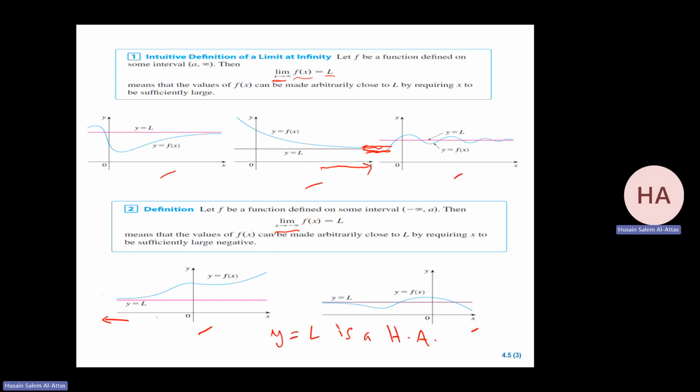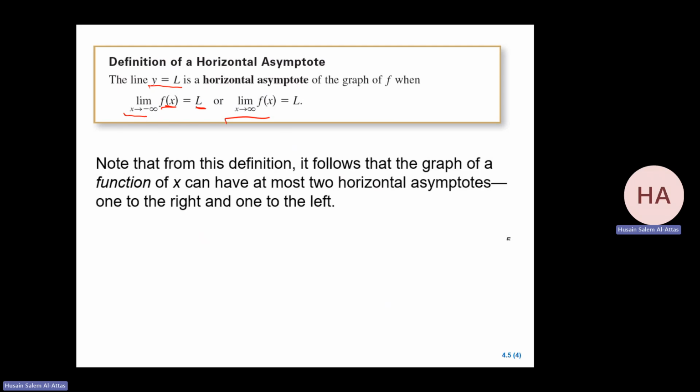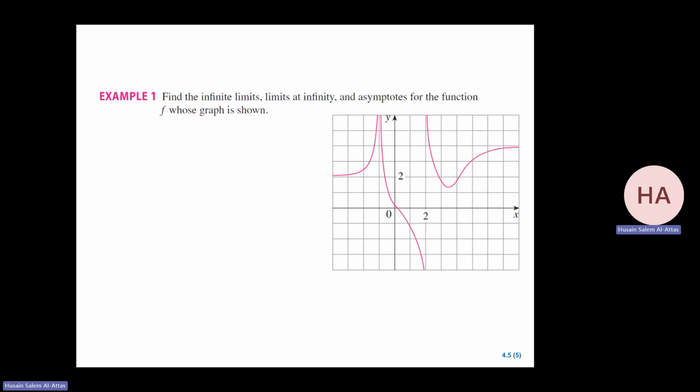Either x goes to minus infinity or x goes to infinity, I get a horizontal asymptote. That means a function can have at most 2 horizontal asymptotes. Why? Because either x goes to minus infinity or x goes to infinity, I don't have any other options.